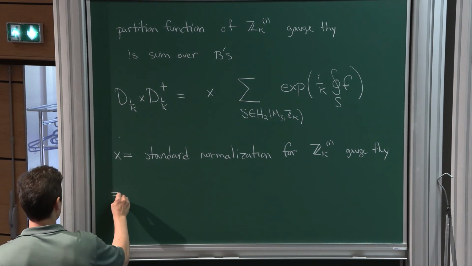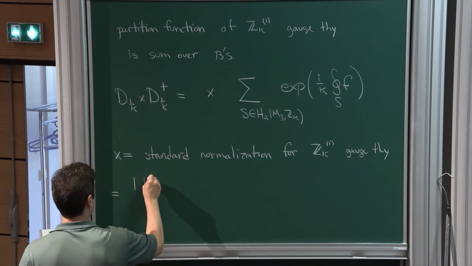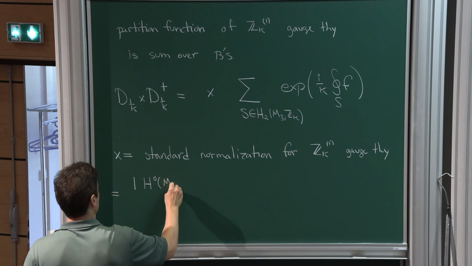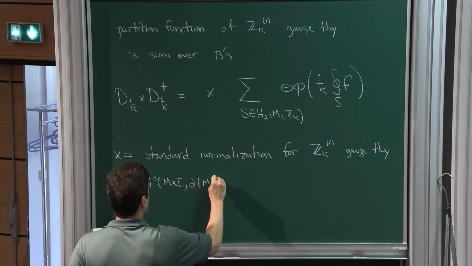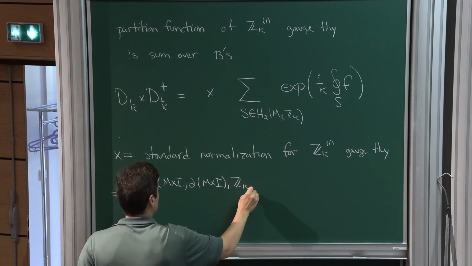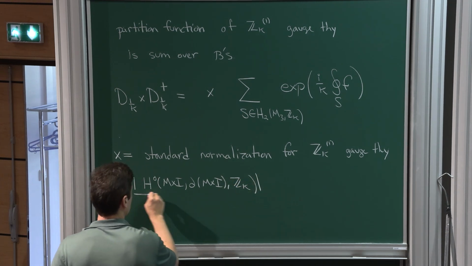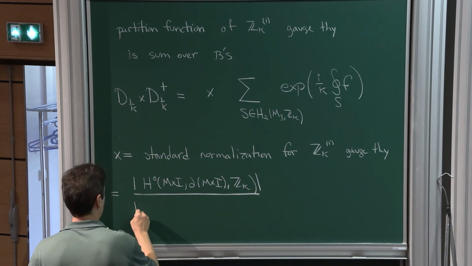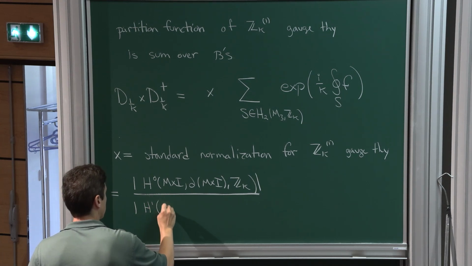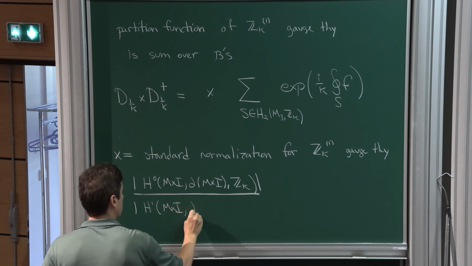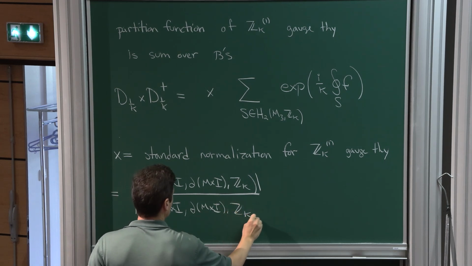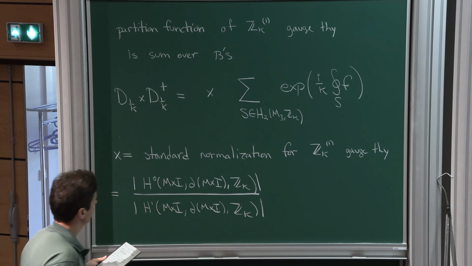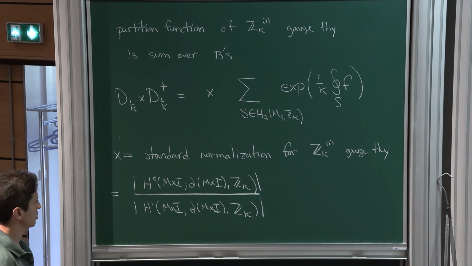So in this case, it's the order of H0 of M3 divided by the order of the one-dimensional cohomology H1. Where does this come from?